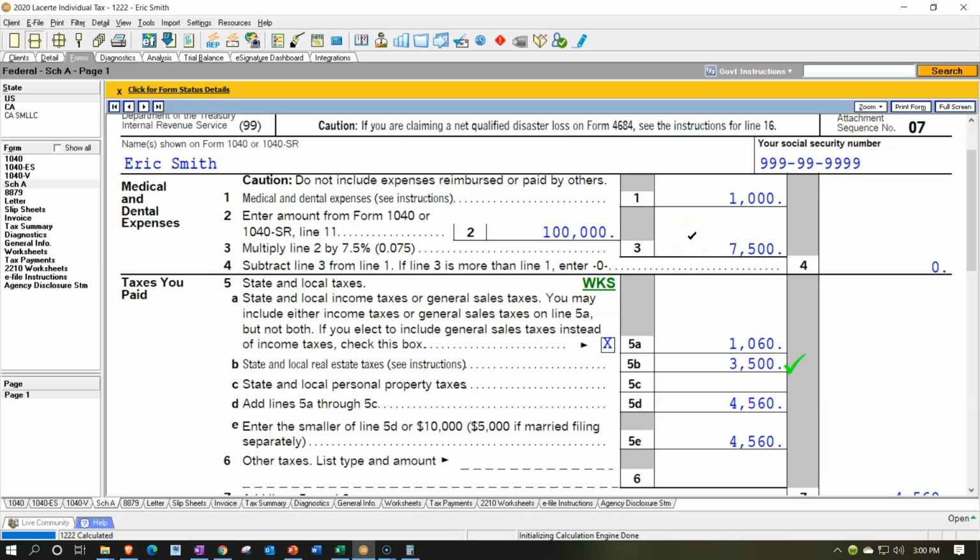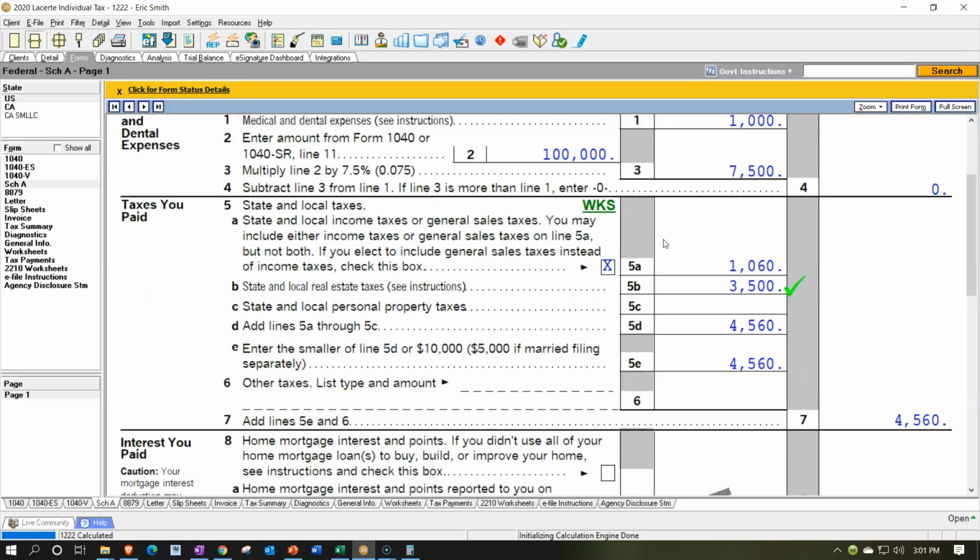So I have to clear then 7,500 before I get any benefit. So even though this would count, I have to clear that threshold. So not only do we have to clear the standard deduction, but we also have to clear the 7.5% threshold. And that means if you're a higher income individual, the higher your income, the harder it will be to clear that threshold.